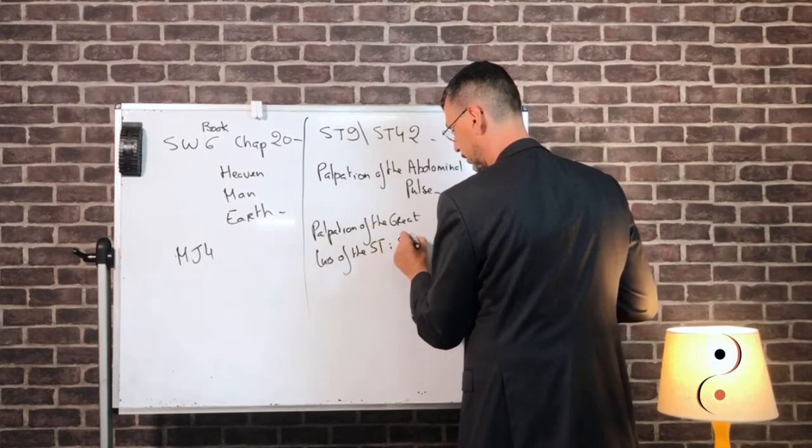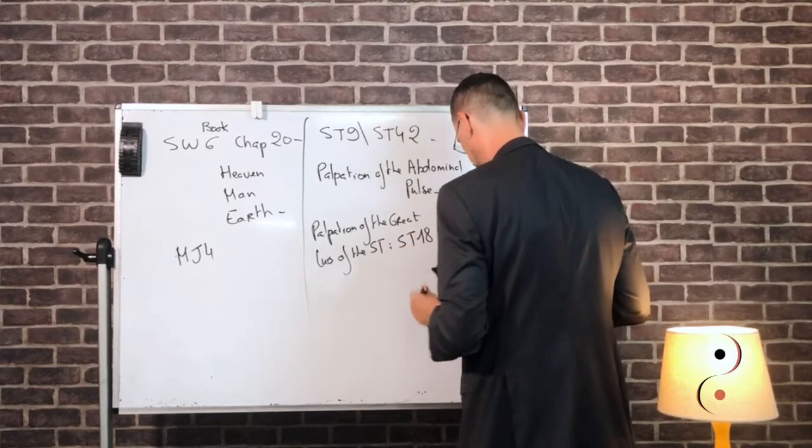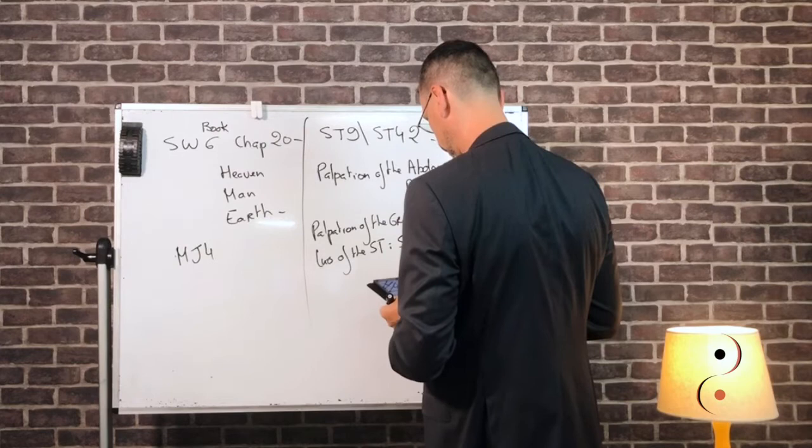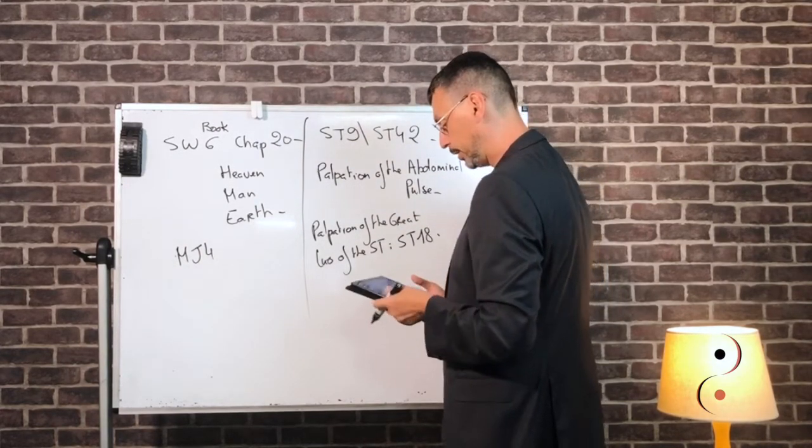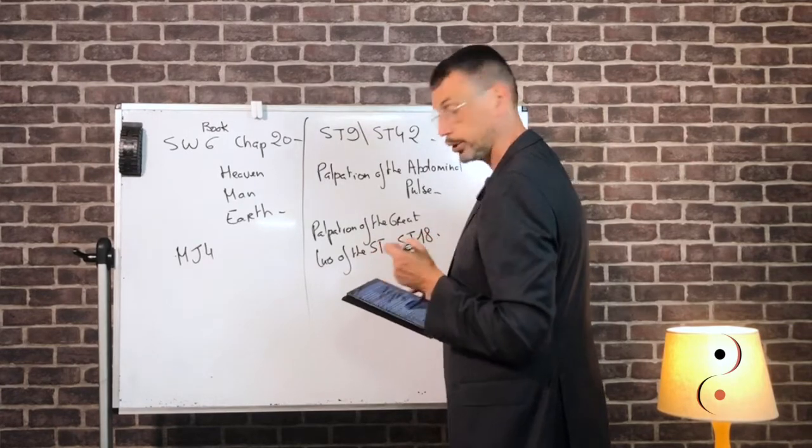So it's stomach 18, which is described in the Zhenjiu Jiayijing book 4 chapter 1.